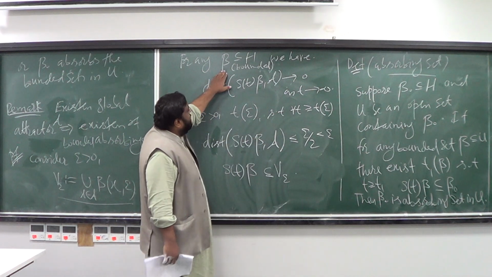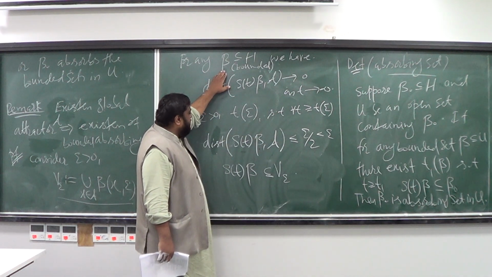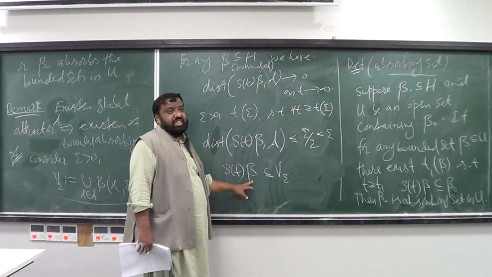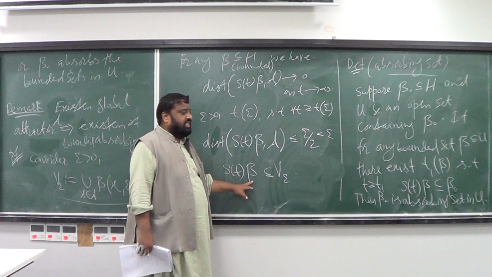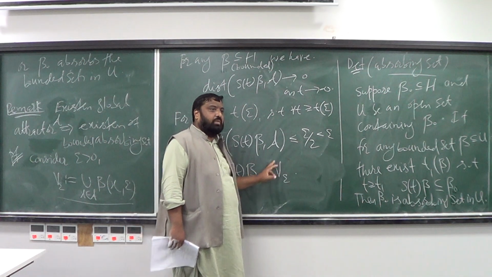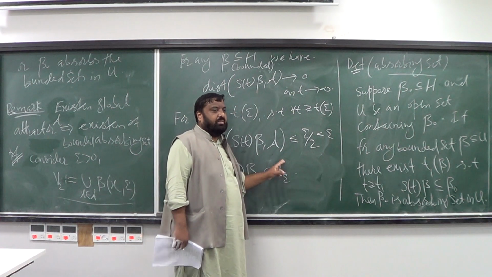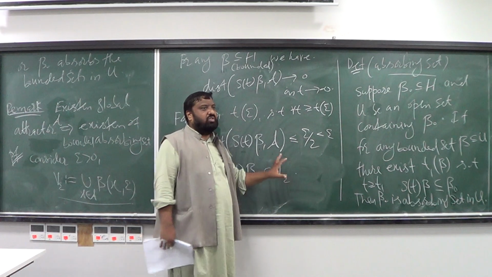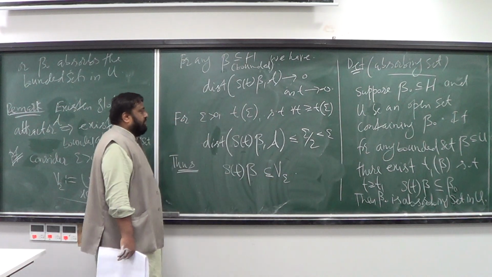Hence the definition of the absorbing set is satisfied. For any bounded set B, the trajectories that start from B will end up in the absorbing set. In other words, S(t) operated onto B is going to be a subset of the absorbing set.